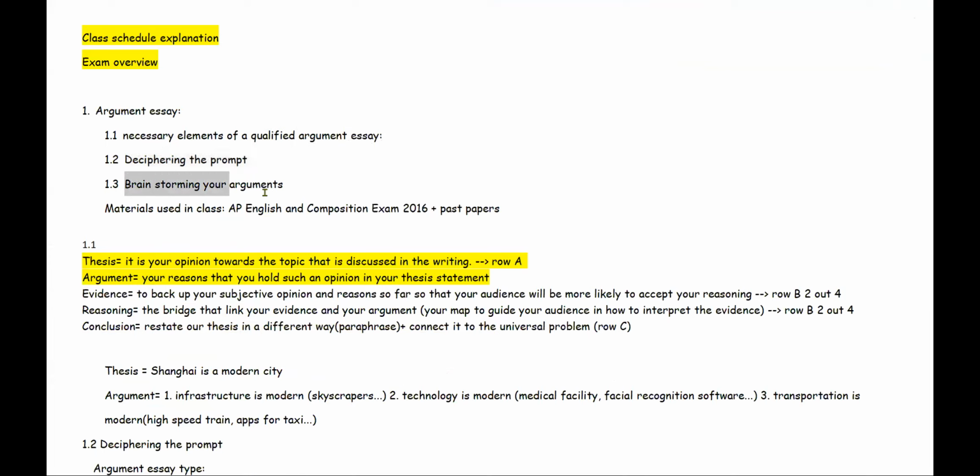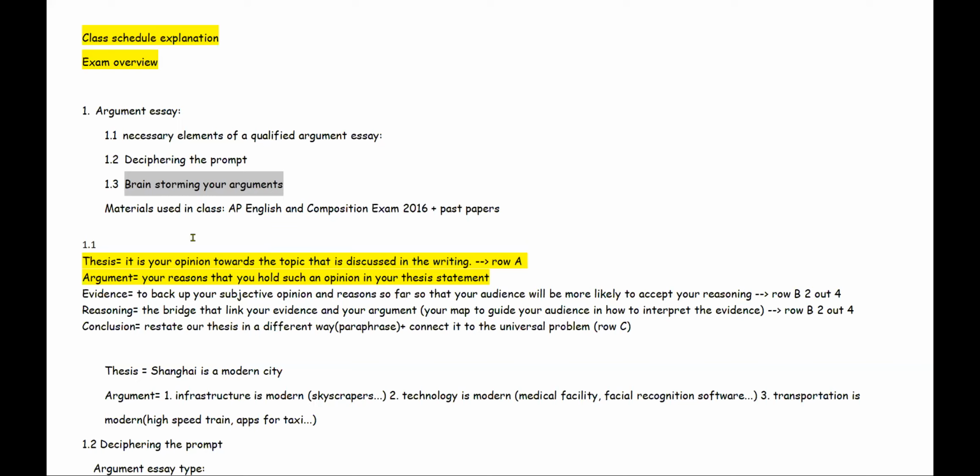We also introduced two different ways to come up with arguments systematically, players or keyword. When you come up with all these players or keywords, the next step is to group them into a hypernym. That way your body paragraph is very flexible. It's up to you, you can present as many pieces of evidence as you want.